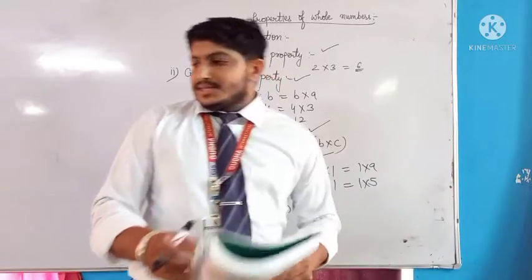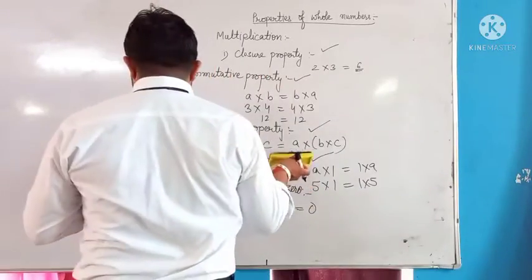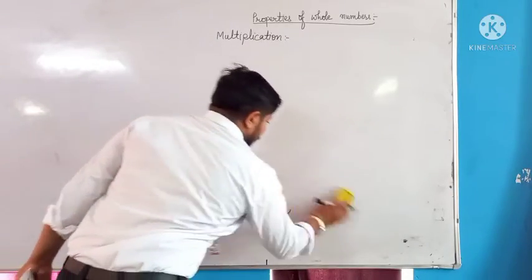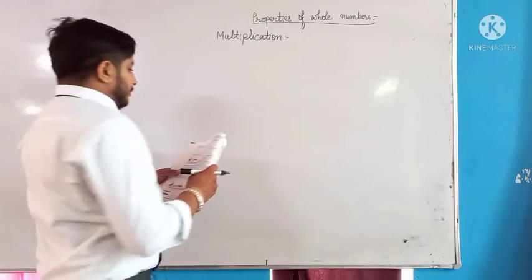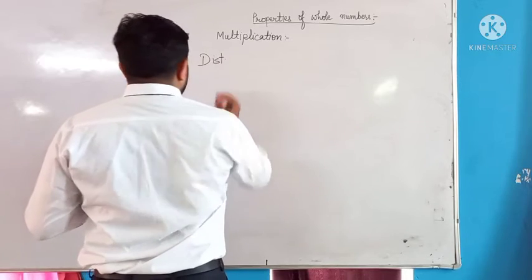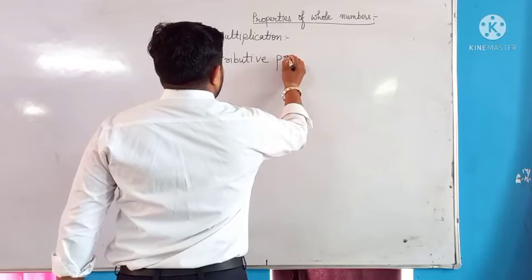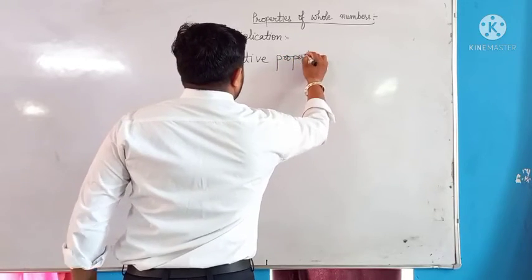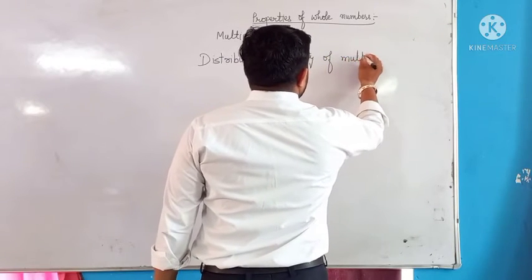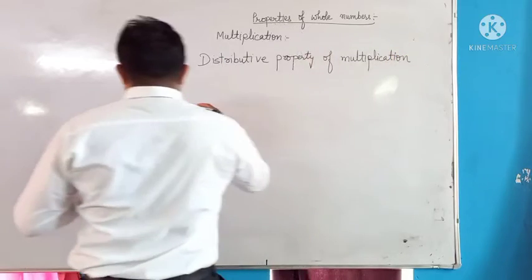Next, distributive property of multiplication over addition. And this is the last property of multiplication, that is the distributive property of multiplication over addition.